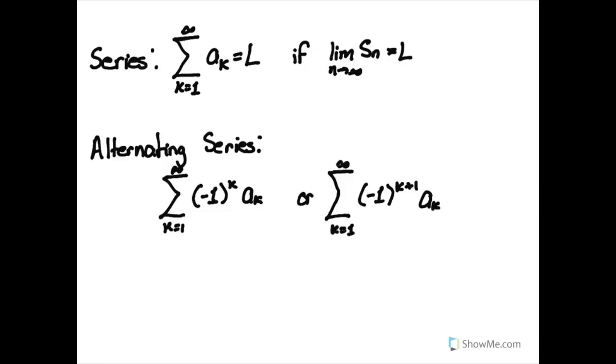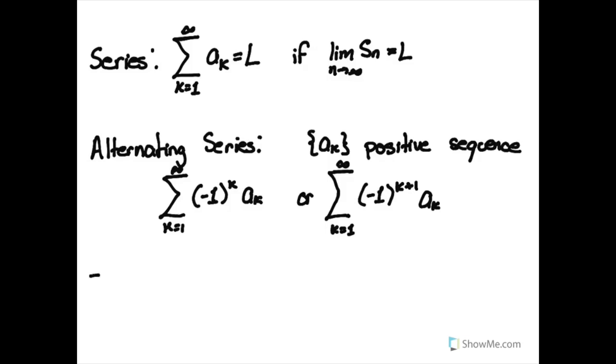And here, a_k is a positive sequence. So intuitively, an alternating series is just a sum of infinite numbers where the terms are positive, negative, plus, minus, and so on.